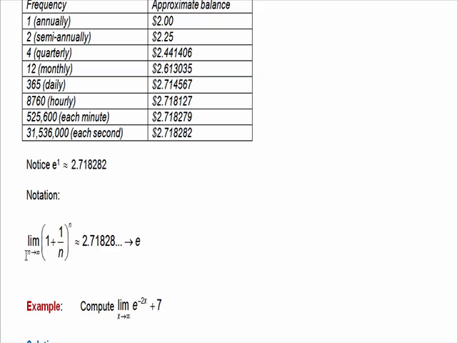As n, the number of compoundings, or the n in my formula, gets really, really large, as it goes to infinity in the quantity 1 plus 1 over n to the n. And if I did that in my calculator, all as a single expression, and I looked at a table, I would get approximately 2.71828, and it would keep going. And that is the number we define as e.